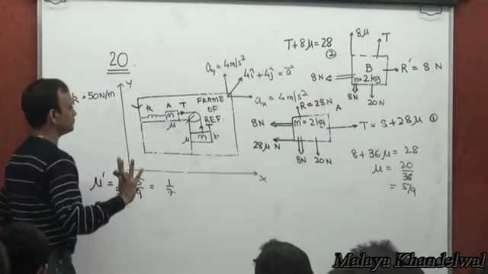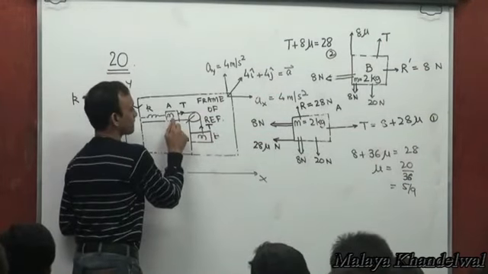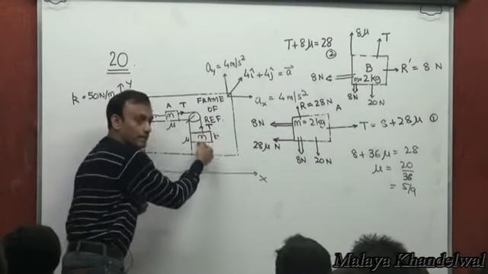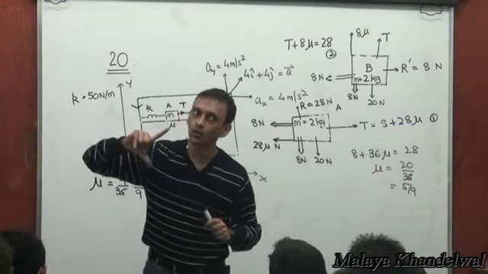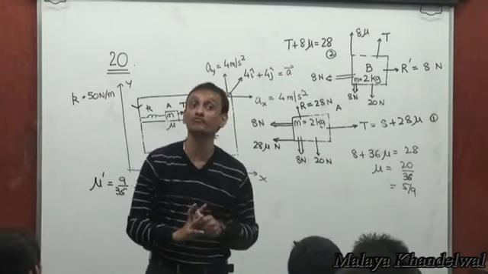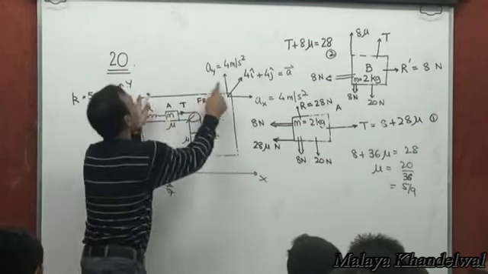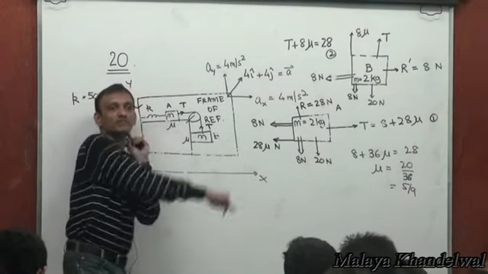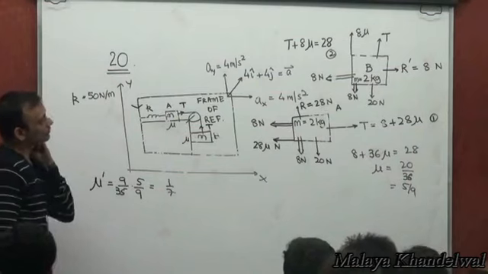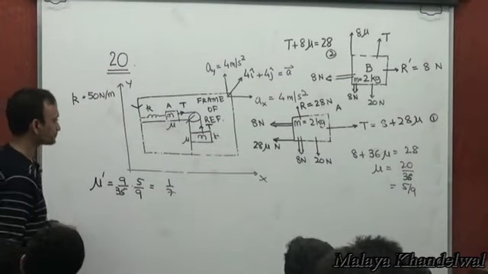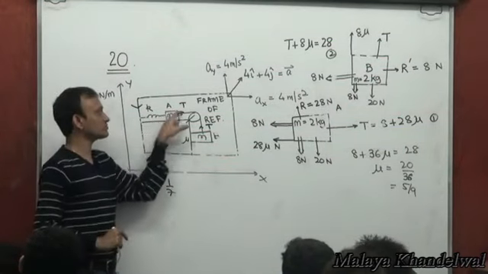So now we will look at a system comprising M and the string and this M as one system, and we'll apply the work energy theorem on this system from the initial state up to a state of maximum elongation in this frame of reference. Clear? Look, first of all, there is a spring force acting on this.